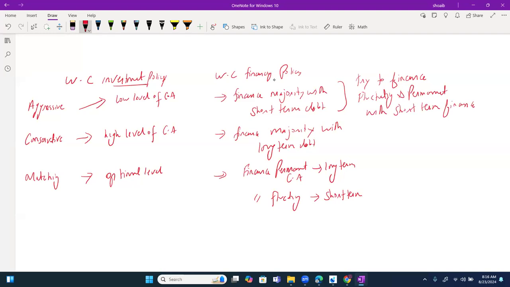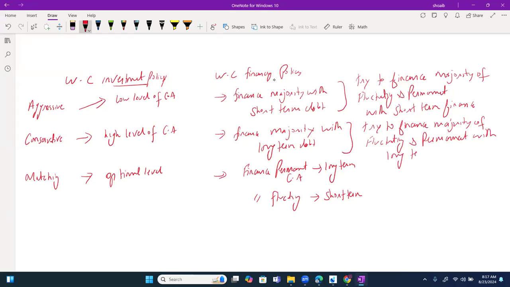They try to finance majority of fluctuating, permanent with long-term finance.